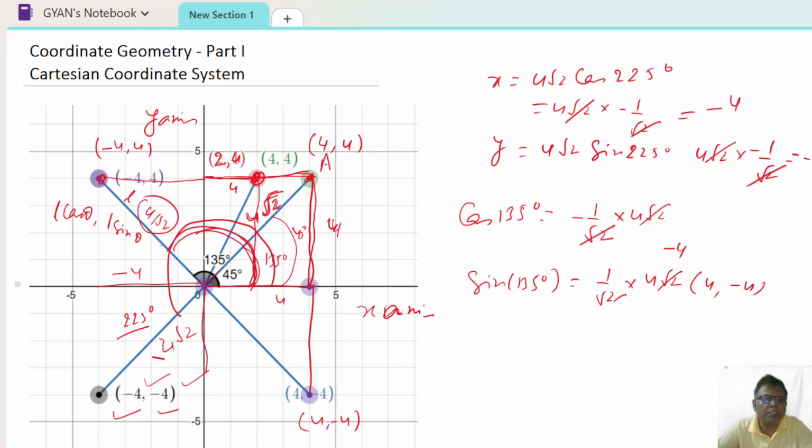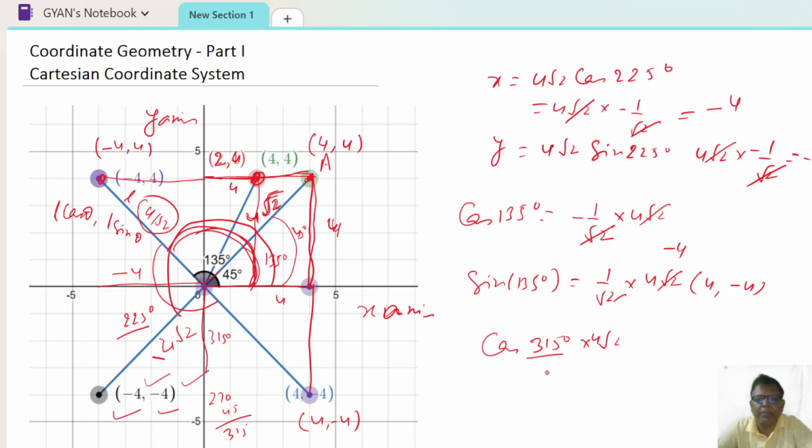Here how much is this angle? This angle is 315 degrees. Why? It is 270 plus 45, so 315 degrees. So what will be the coordinate? Cos 315 degrees into 4 root 2.